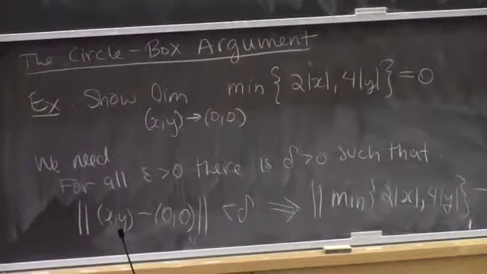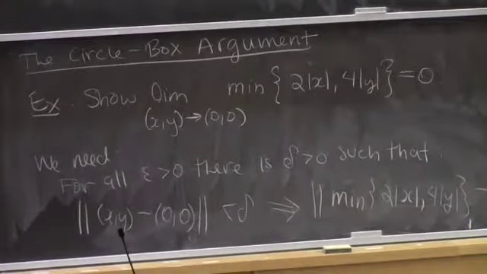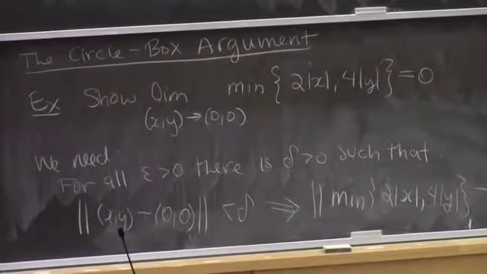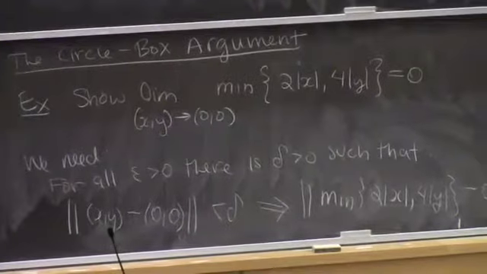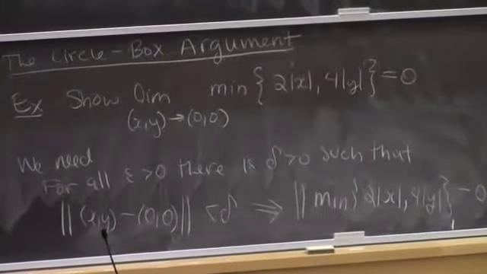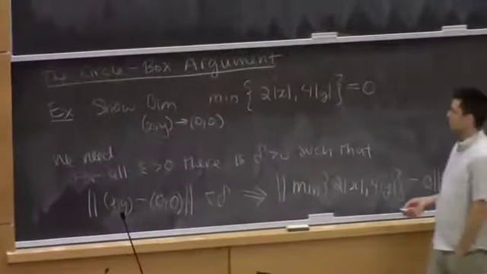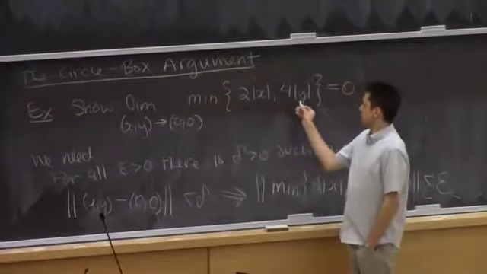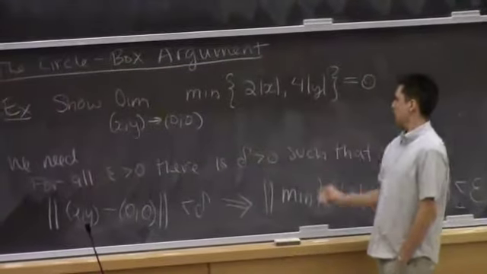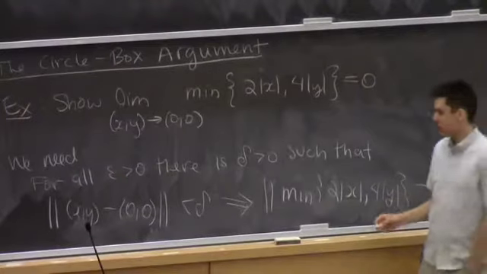Okay, very good. So we have to pick delta. We have to pick delta to make this work. So I want to say how we can control these absolute values just working from this hypothesis.